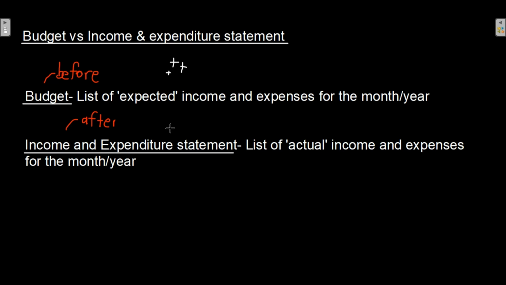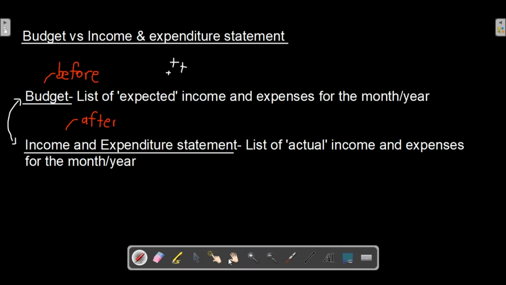But at the end of the month, the tenant cannot pay the rent. And so now this would be recorded in the income and expenditure statement, that you actually did not receive it. So you wouldn't count it as income. So it's very critical that you understand the difference between expected and actual. And that really differentiates between these two. Okay, so it's as simple as that, guys.